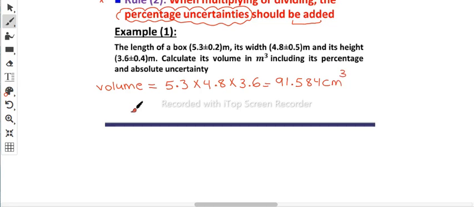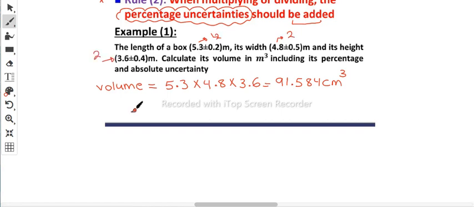Now, let's take into consideration our final answer. How many significant figures should my final answer have? Here, you need to remember that we take into consideration how many significant figures are given inside all the numbers. Here you have 2, here another 2, and here also another 2.